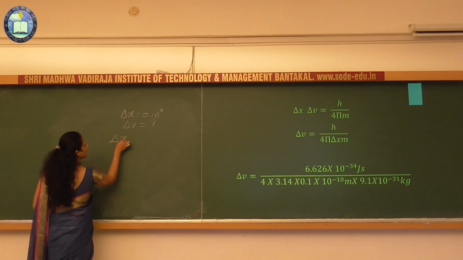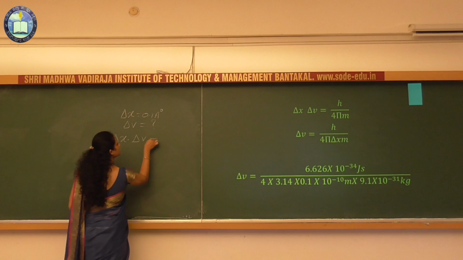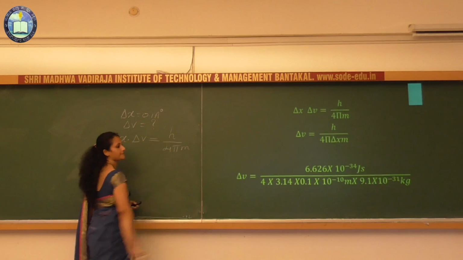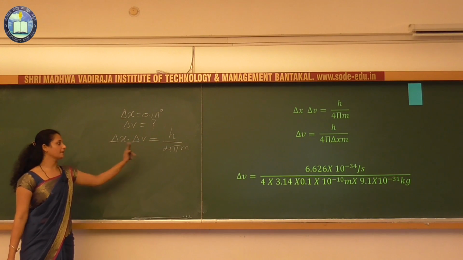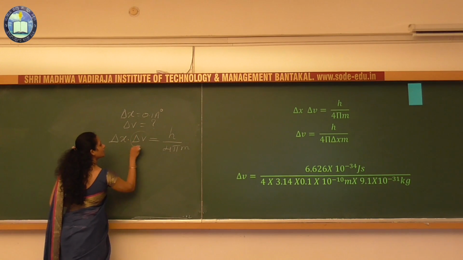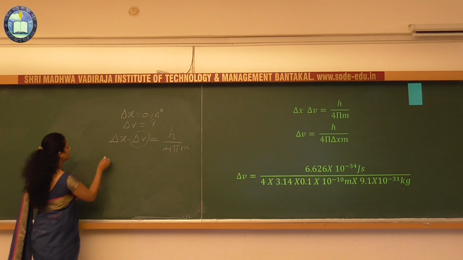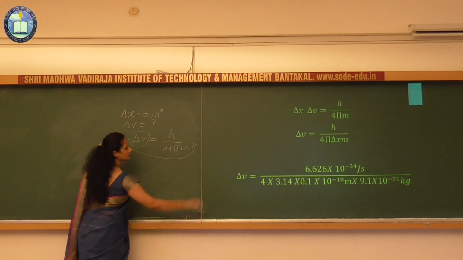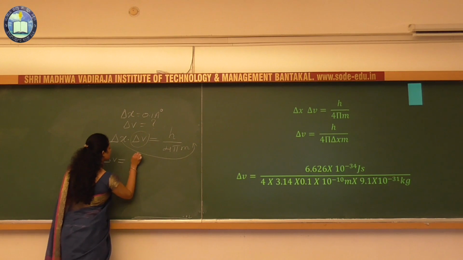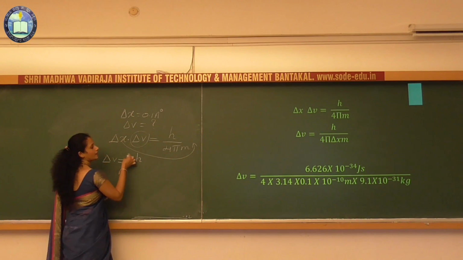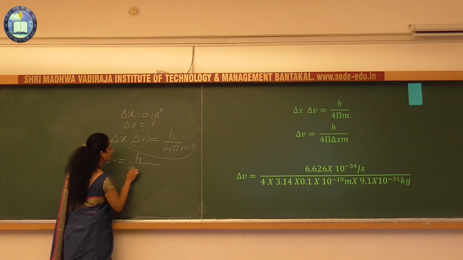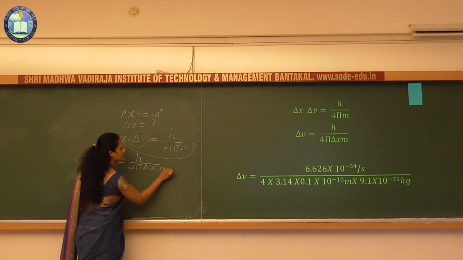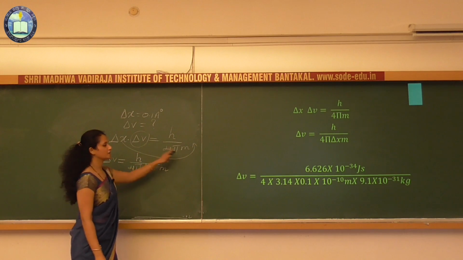We know that delta x into delta v is equal to h by 4 pi m. So delta v is equal to h by 4 pi delta x into m.